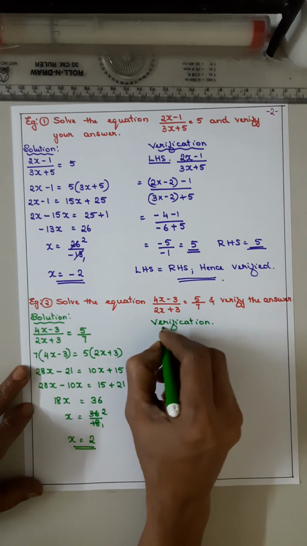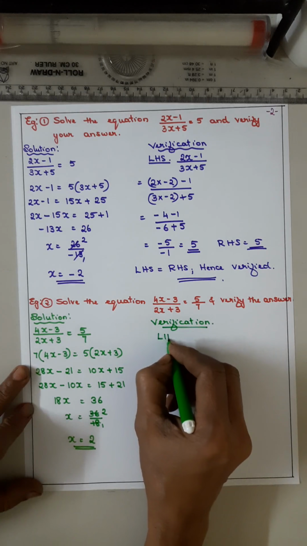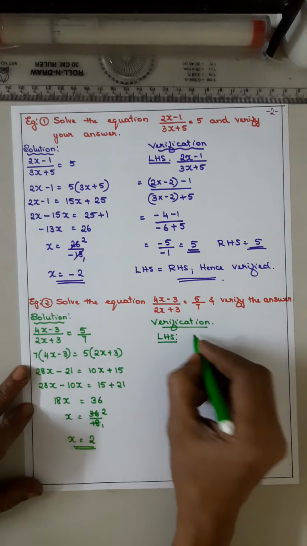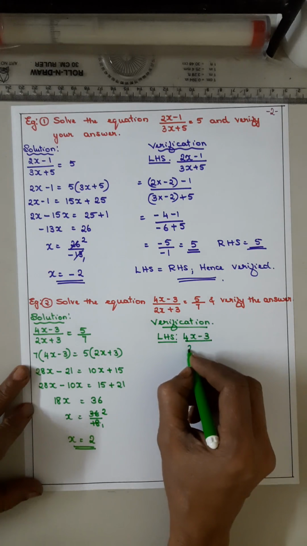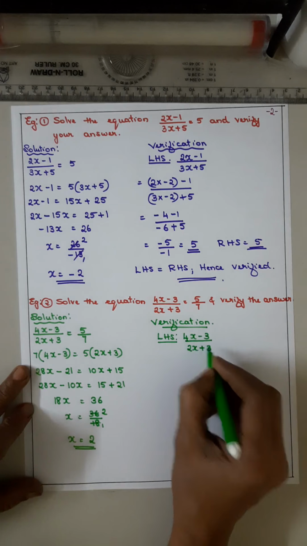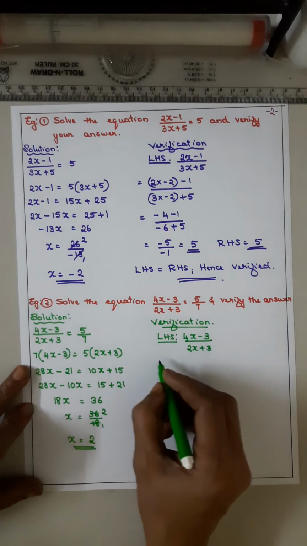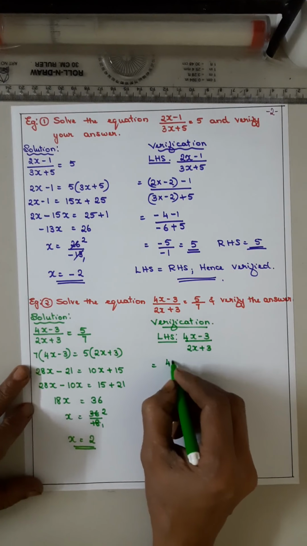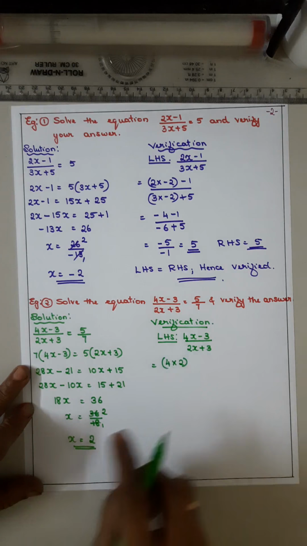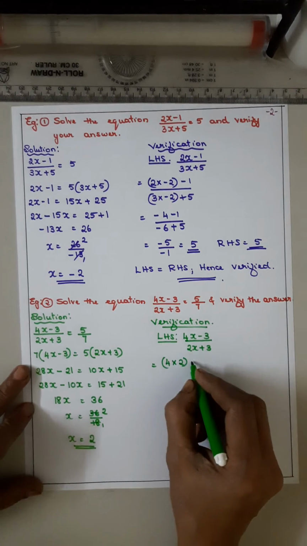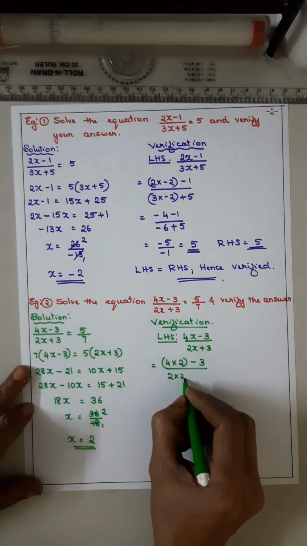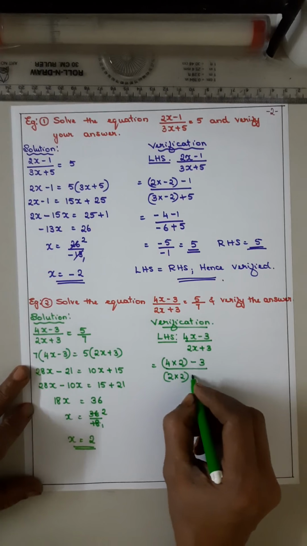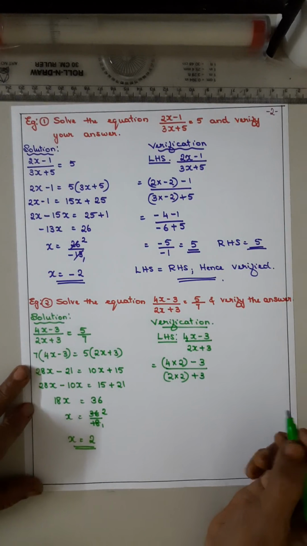For verification, we have to write LHS. Value is 4x minus 3 upon 2x plus 3. Now put the value of x, 4 into 2, and x का value 2, minus 3 upon 2 into 2 plus 3.